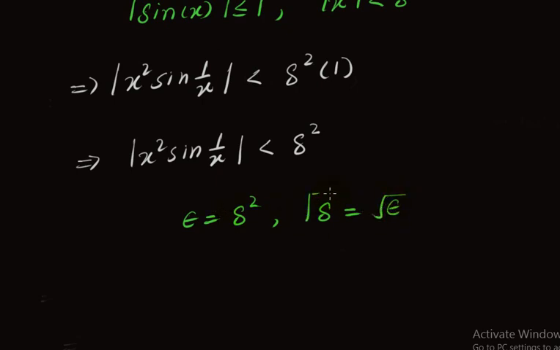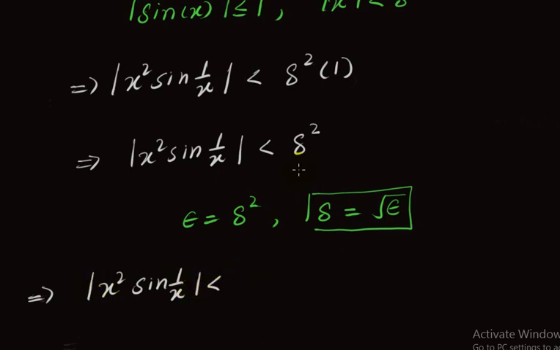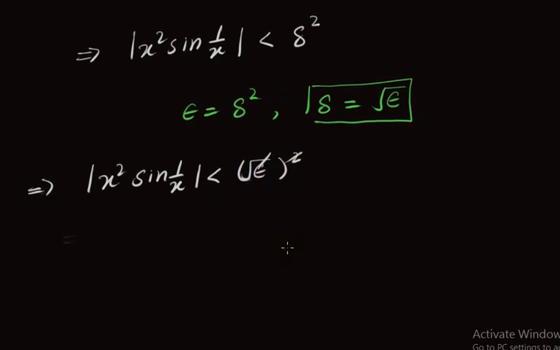Now by using this value of delta we can write, which implies mod of x square sine 1 upon x is less than delta square, means the square root of epsilon, squared. Square root and square cancel out, so we are left with epsilon, which implies mod of x square sine 1 upon x is less than epsilon.